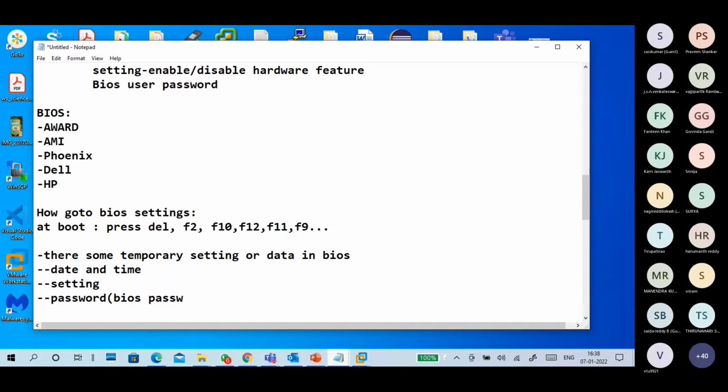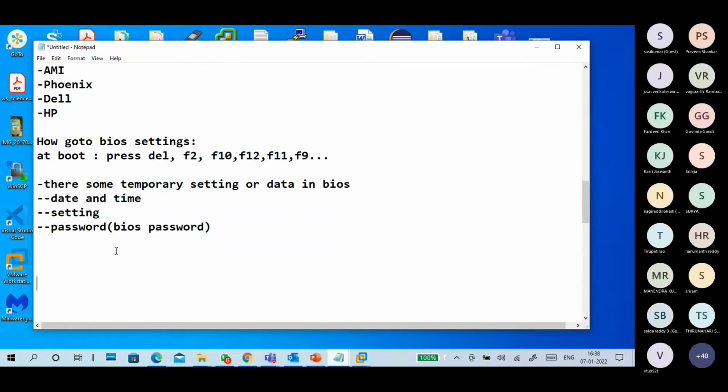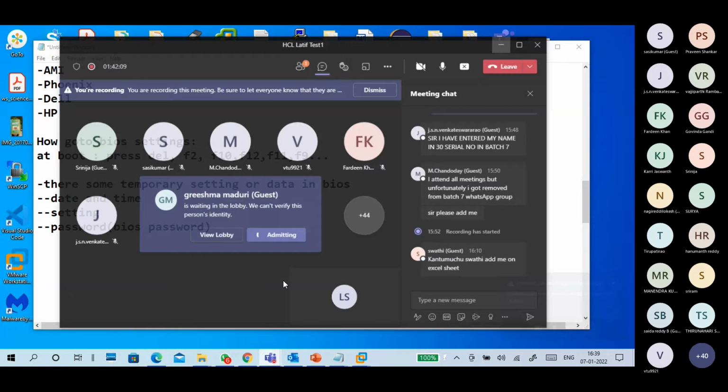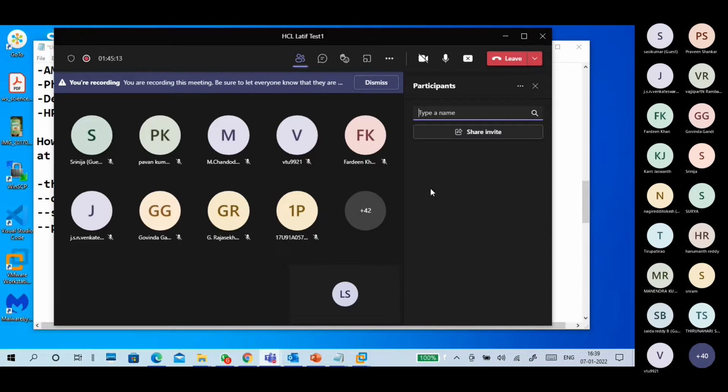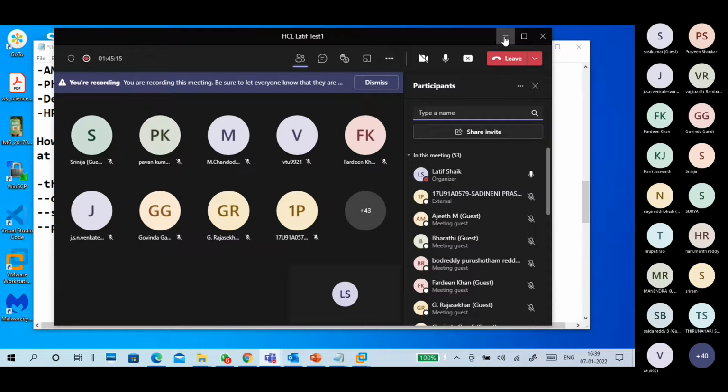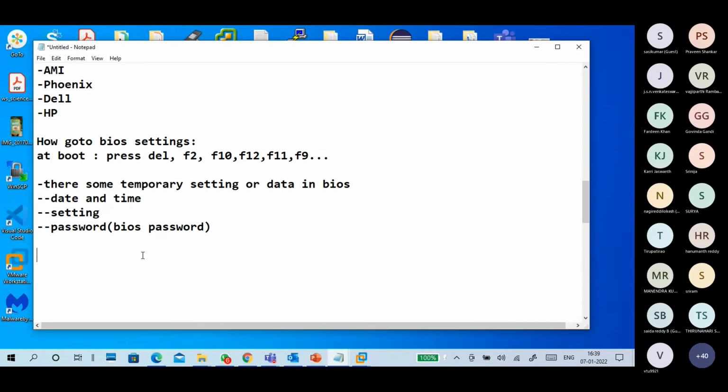If you want to change anything in the BIOS or hardware settings, you cannot change it directly because you must know the password. So these are the temporary ones.